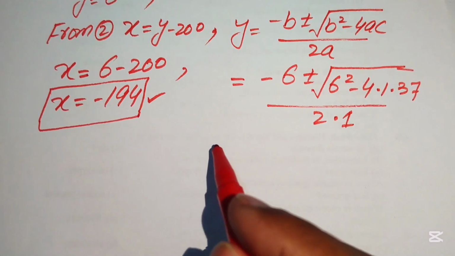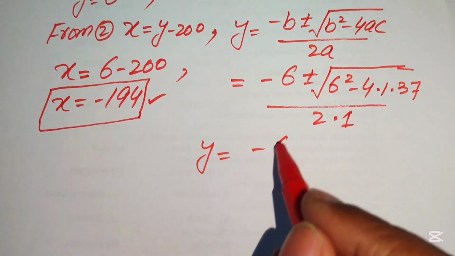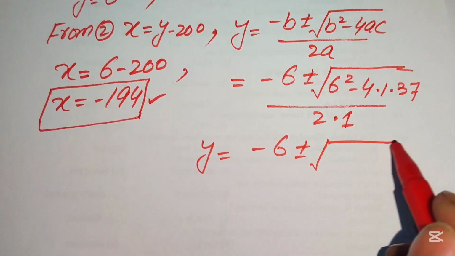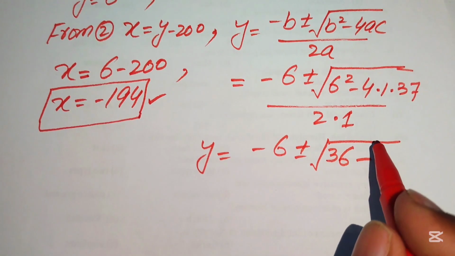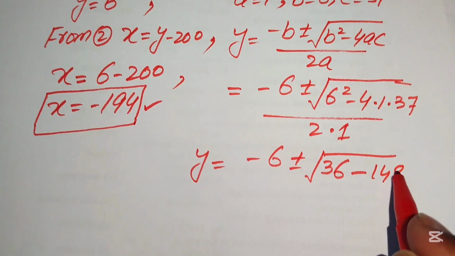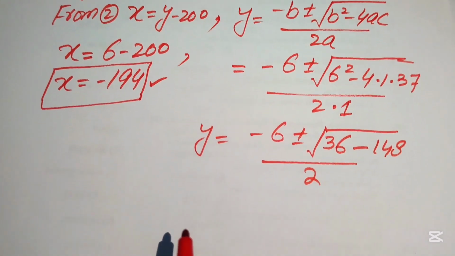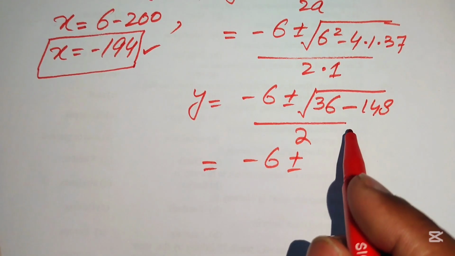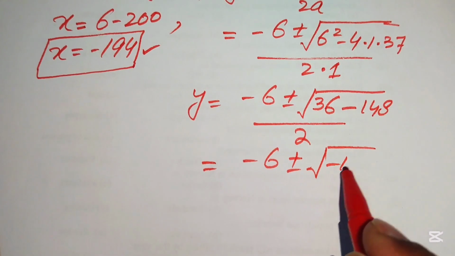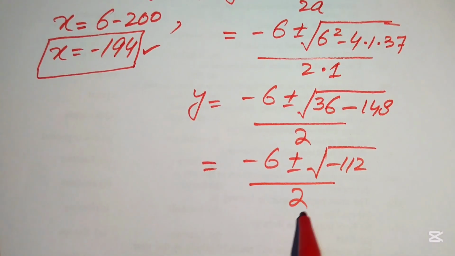So further we need more simplification, and you write it as minus 6 plus minus square root of 6 square equals to 36, minus 4 times 37, 148, divided by 2. Okay, so here you see that we have minus 6 plus minus square root of 36 minus 148 equals to minus 112, divided by 2.